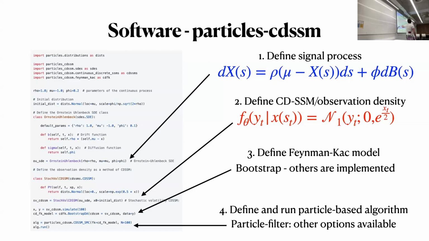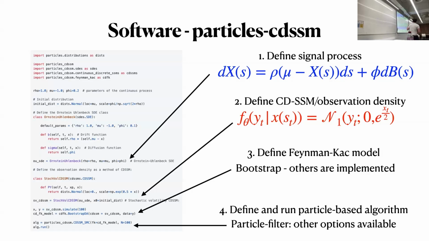The first step in this framework is we define a signal process, which is the SDE. Here I've just used a simple Ornstein-Uhlenbeck. In the next step, we define a continuous discrete state space model. By doing this, we basically just need to define the observation density. We also need to define what the spacings are in between my observation times.